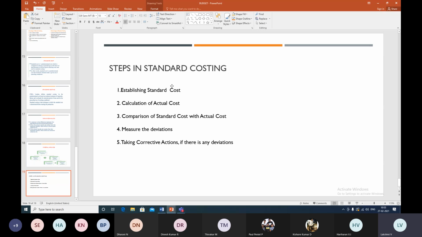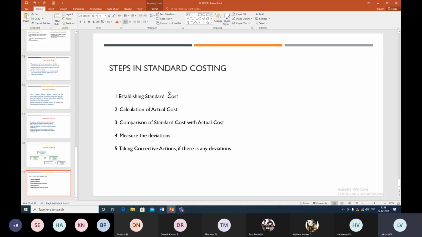So here, in cost accounting, they will be establishing that particular manufacturing unit. They will be establishing cost centers, the particular department or person responsible for ascertaining the cost and for controlling the cost.